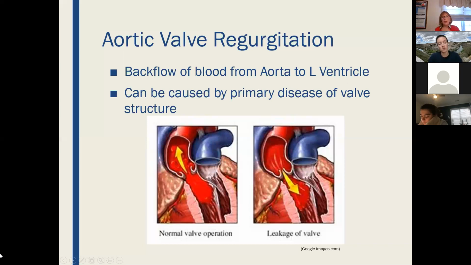And every time blood comes down, the next heartbeat is sending more blood in, like incoming, and you just can't keep up with the load. So now you have backload of pressure into your lung again, you're not getting cardiac output out. This is a main gatekeeper in your aortic valve. So this is a problem when it regurges.